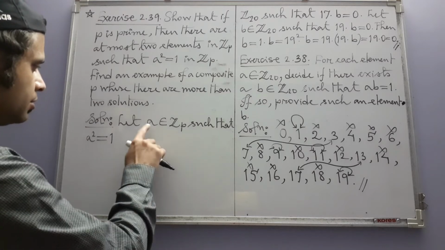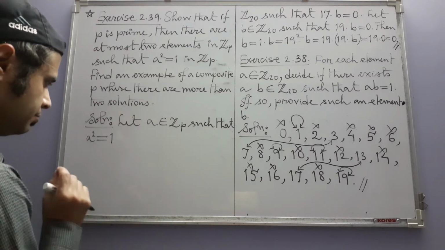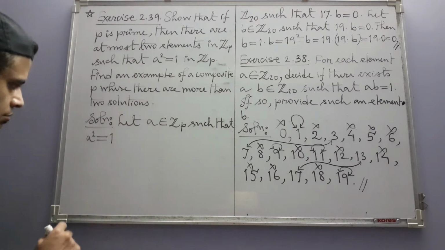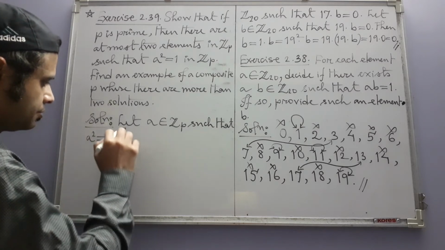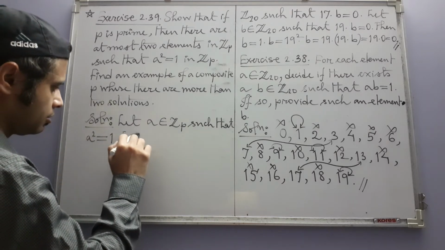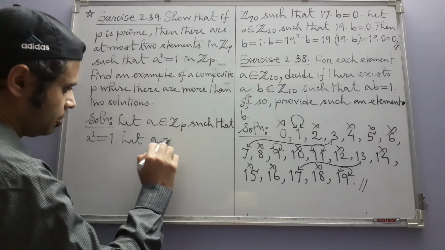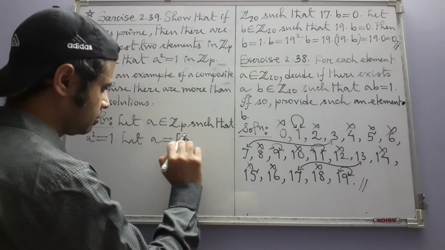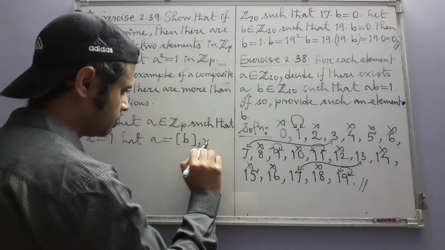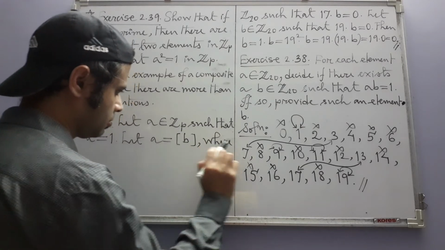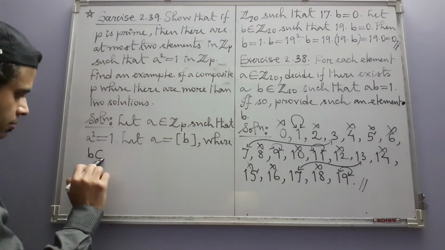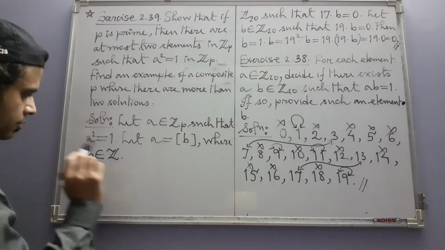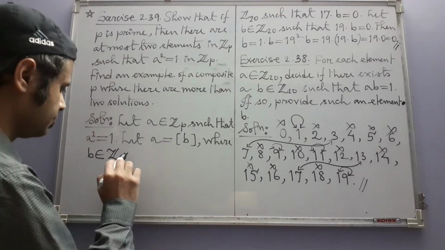We could have mentioned this earlier, okay, let us do that now. Let A be equal to the congruence class of B, where B is an ordinary integer.